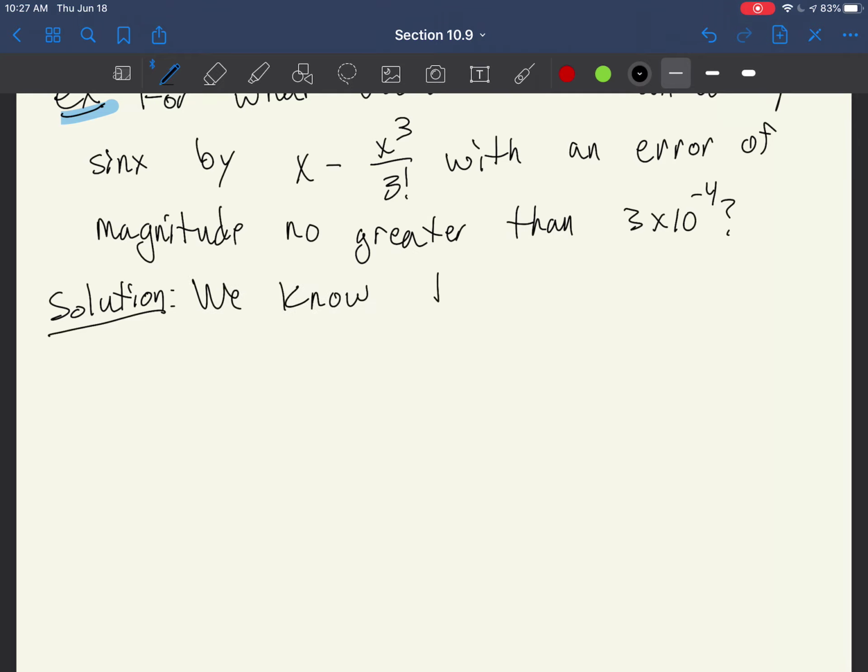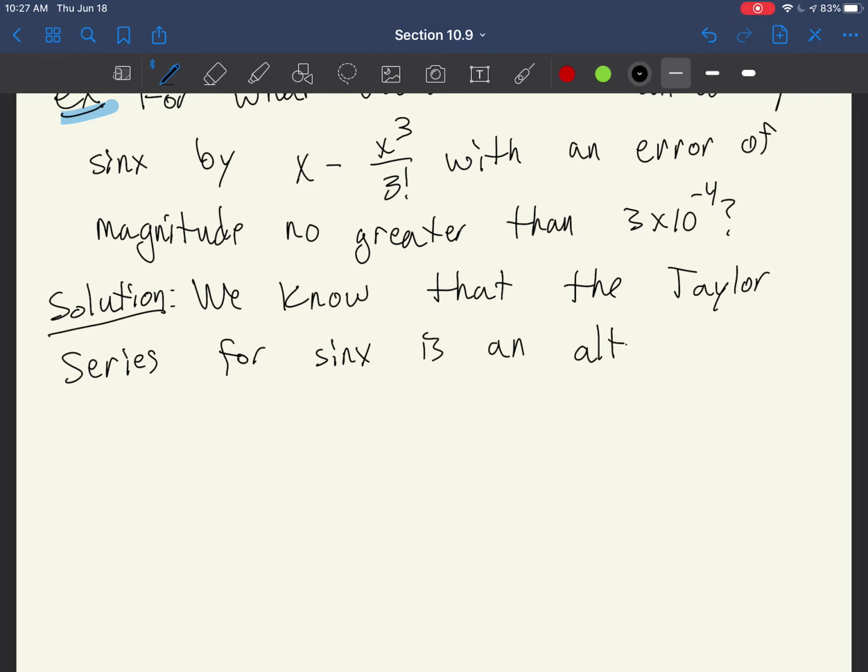So we actually don't need the remainder estimation theorem for this one because we know that the Taylor series for sine x is an alternating series.